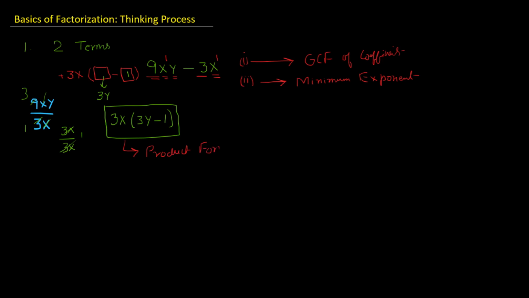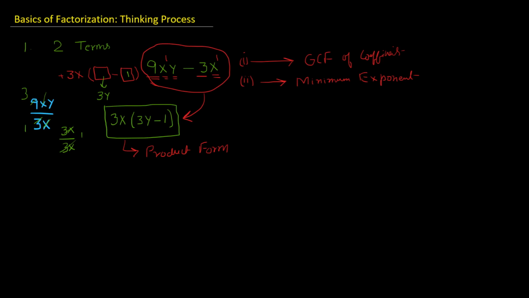Product form. So now we have converted two terms which were in addition or subtraction form into a product form. So this is the factorization process.